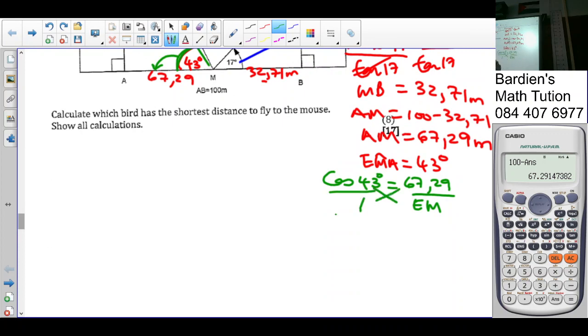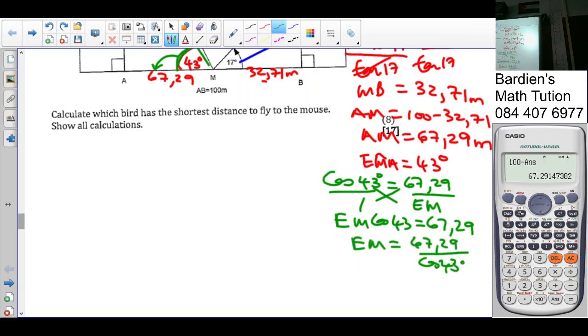Cross multiply. So EM cos 43 degrees is equal to 67,29. Now what? Divide by cos 43 both sides. So it's going to be 67,29 over cos 43, which gives us 92,01 meters.